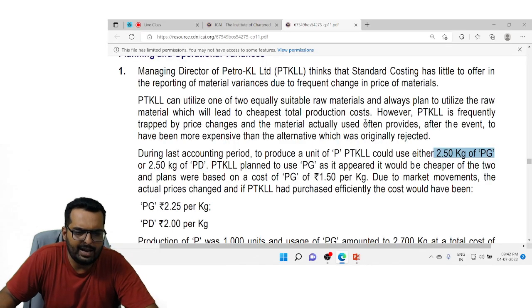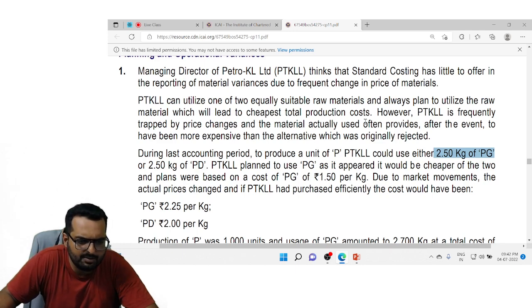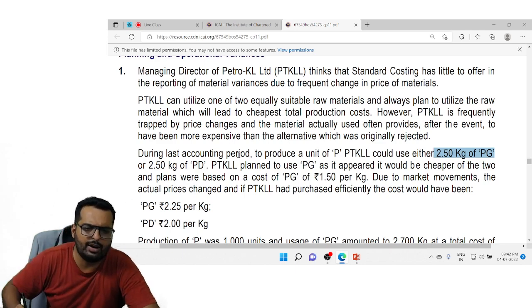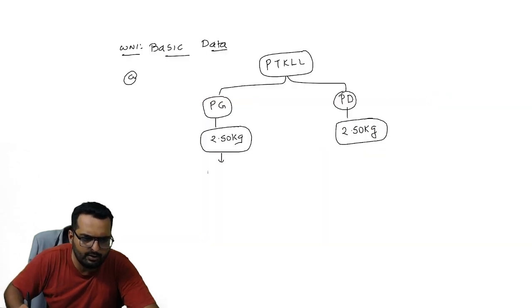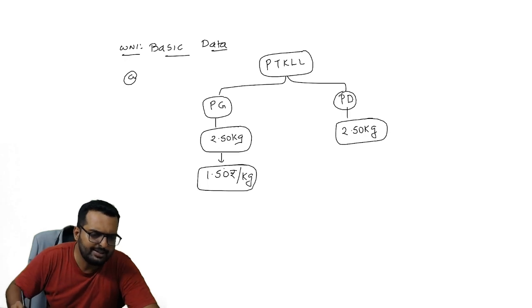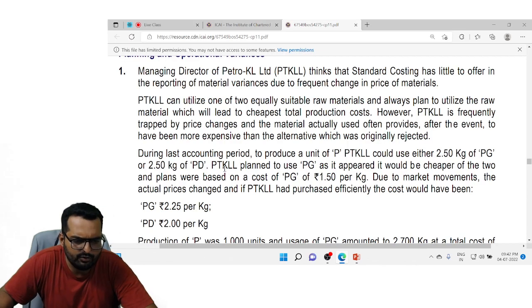PTKL planned to use PG as it appeared to be the cheaper of the two, based on the plan cost of 1.5 rupees per kg. So this one had a price of only 1.5 rupees per kg. But due to the market movements, the actual price changed.